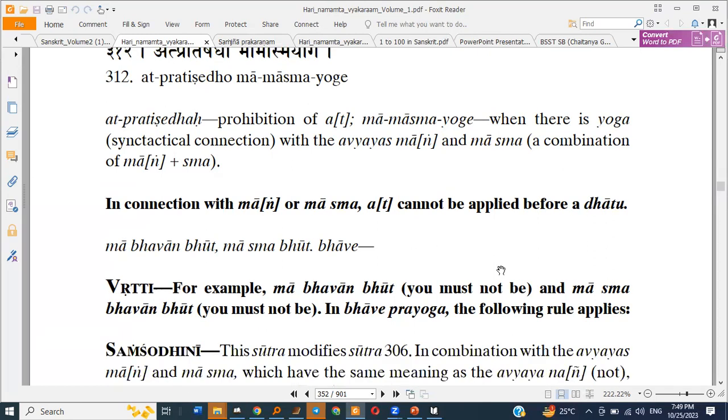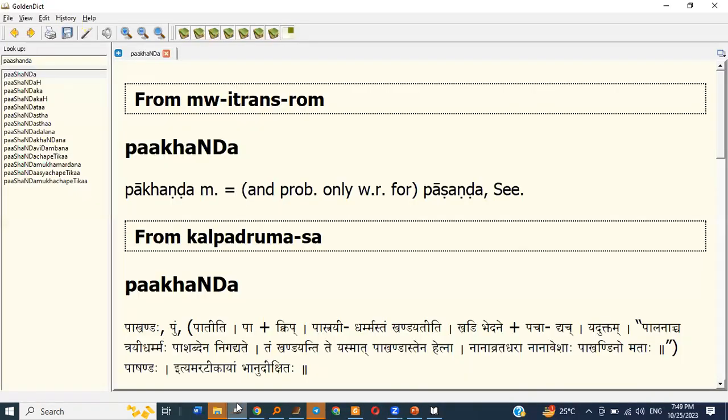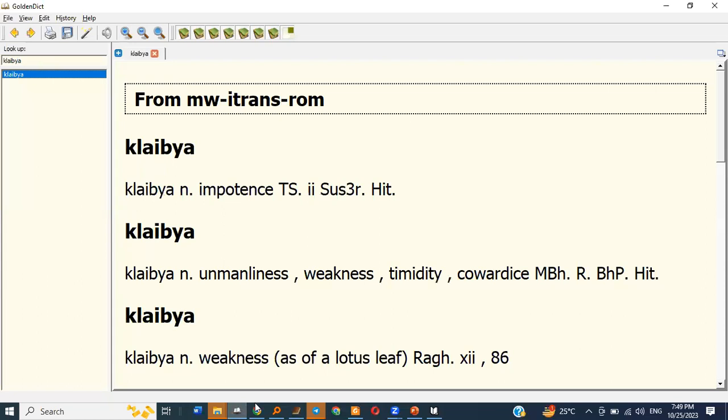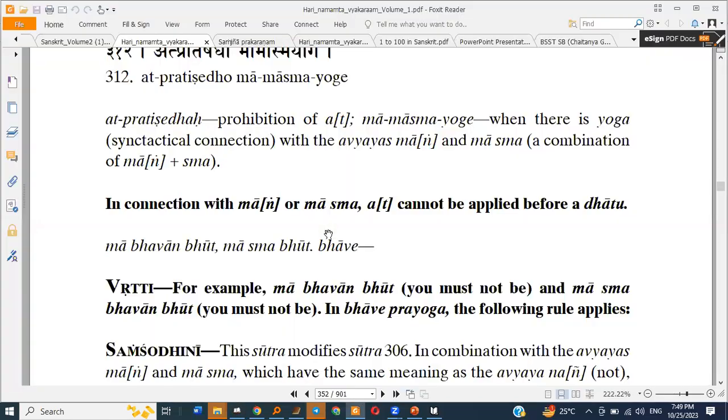Like in Bhagavad Gita, second chapter, I think just the initial verses, one of them, masma gamaha partha. Klaibyam masma gamaha partha. O partha, this Klaibyam is translated as weakliness, impotence; this doesn't suit you. So masma is the same masma mentioned here, which means not, in that sense.